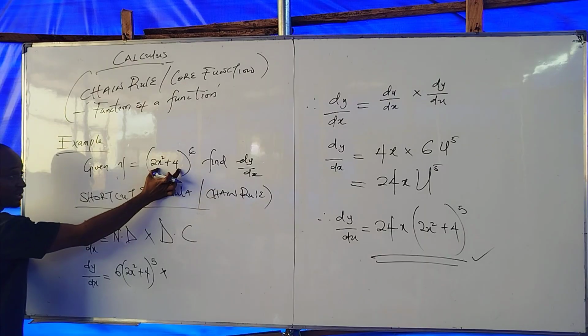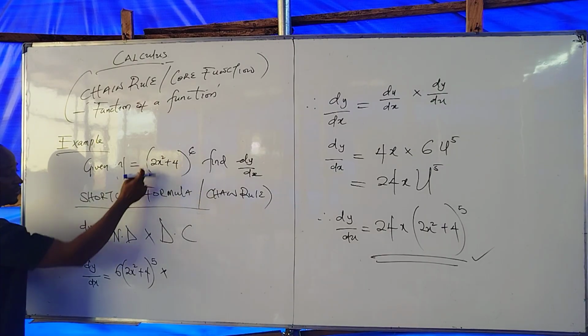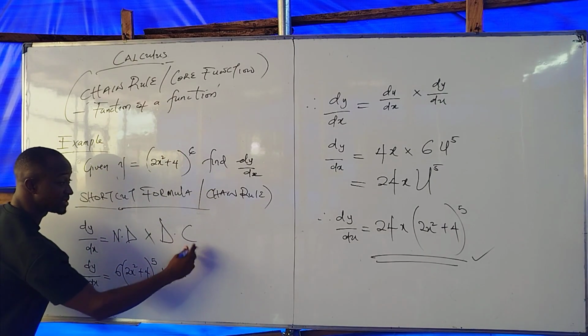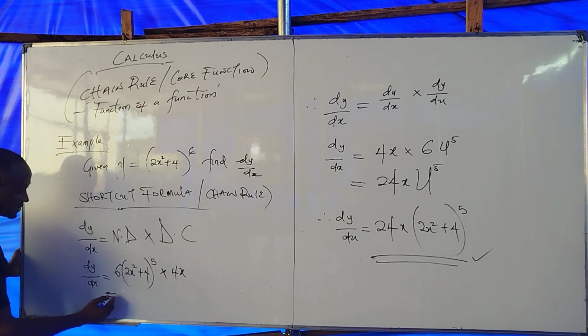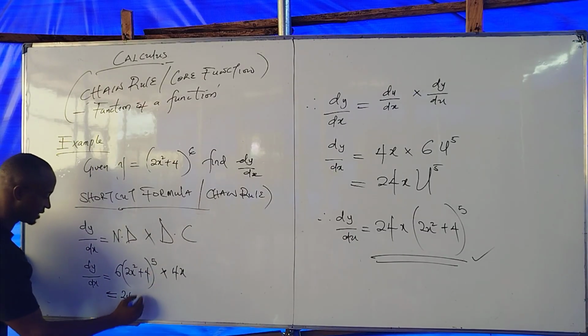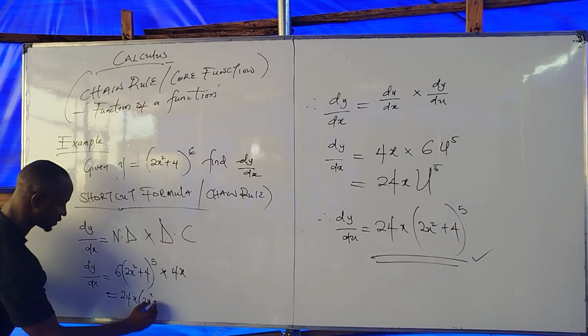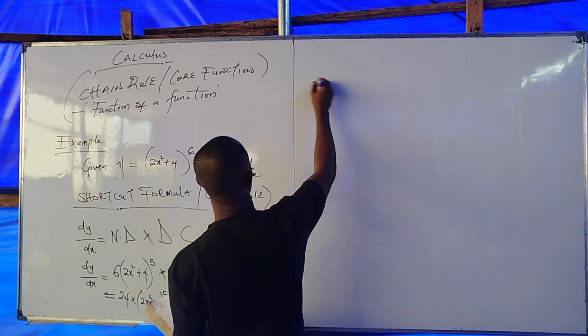What's our co-function? It is this one here. Let's go. We have 4x plus 0, which is the same as 4x. This 4x times 6 is 24x, in brackets 2x squared plus 4, always to the power 5.